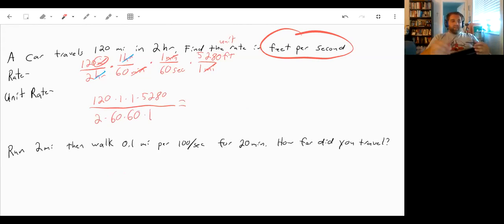And if we multiply this out, as I will on my handy dandy graphing calculator, 120 times 1 times 1 times 5,280, divided by 2 times 60 times 60. That will leave us with an answer of 88 feet per second. And that would be our unit rate, which is exactly what it asked for, because it's per 1 second.